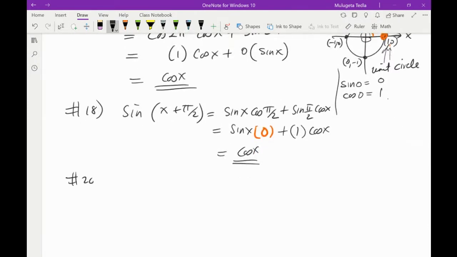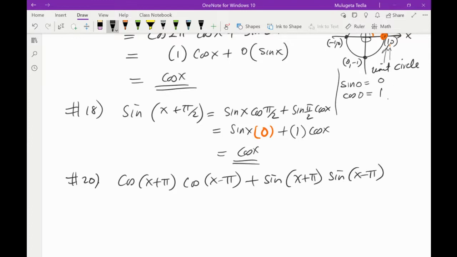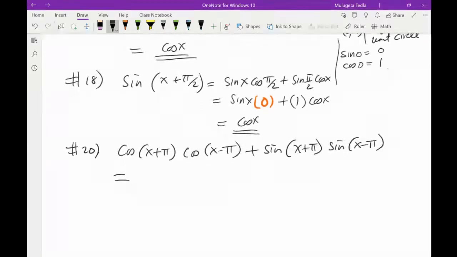Number 20, I have cos of x plus pi, cos of x minus pi, plus sine of x plus pi, sine of x minus pi. Do you recognize this? What kind of formula is that?